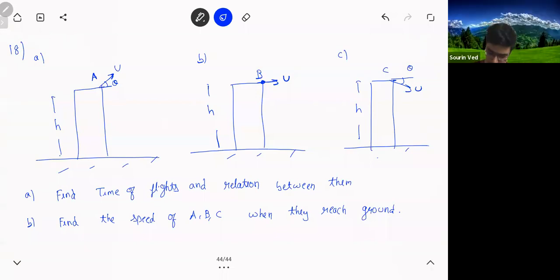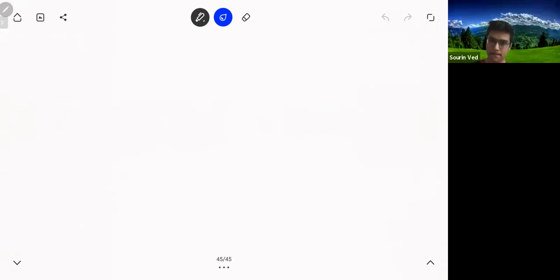So v square minus u square is 2as, that is the formula I used. But see, that you can use only in one direction, na? What is the displacement? Minus h. Then you'll get only the vertical velocity, na? What happened to the horizontal then?